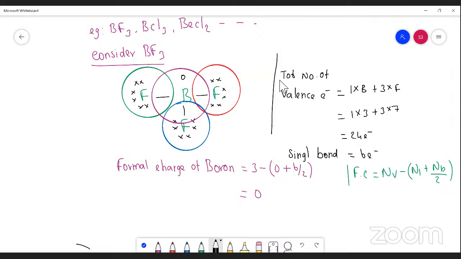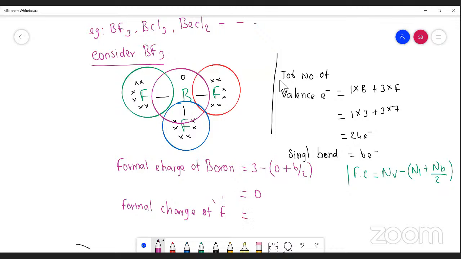All the fluorine atoms are the same, so we take the formal charge of fluorine.